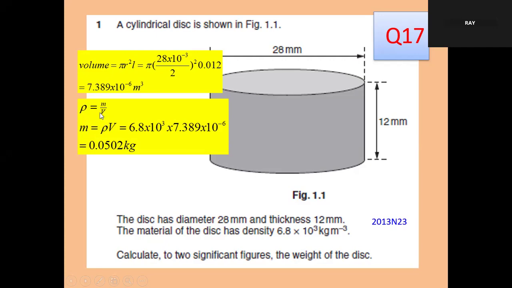Mass is density times volume. Density is given here. Volume, calculated already. So that's the answer. We can get 0.49 newton.